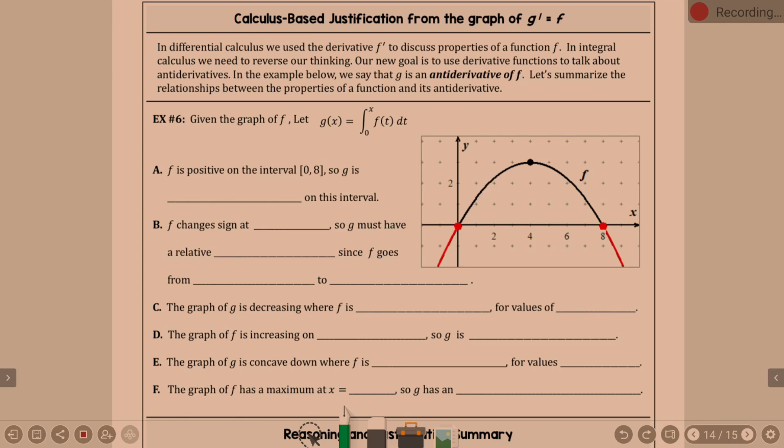So let's summarize the relationships between the properties of a function and its antiderivative. You will notice here that this graph that you're showing here is the picture of f. Now, with this in mind, the connection I like to go with is when you take the derivative of g, so g prime, what's that going to mean in terms of f?